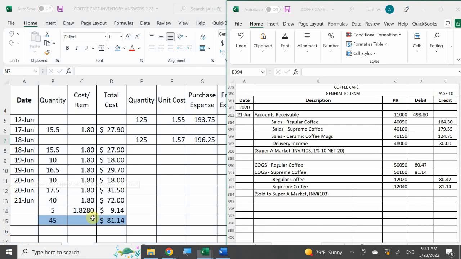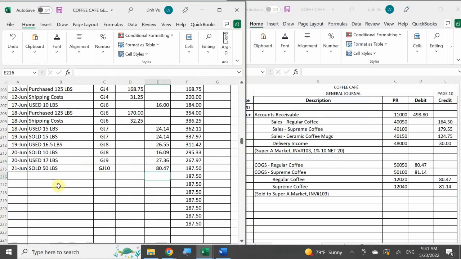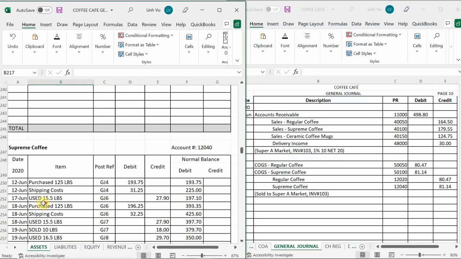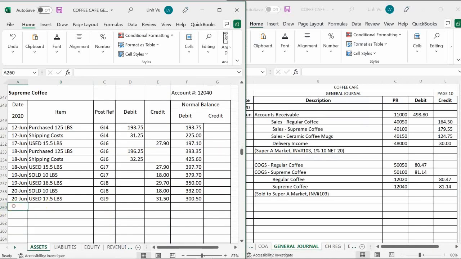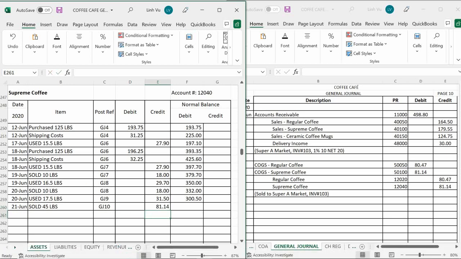Okay. So we're going to go to our Supreme coffee. Here we are. We sold 45 pounds, which resulted in us subtracting $81.14.